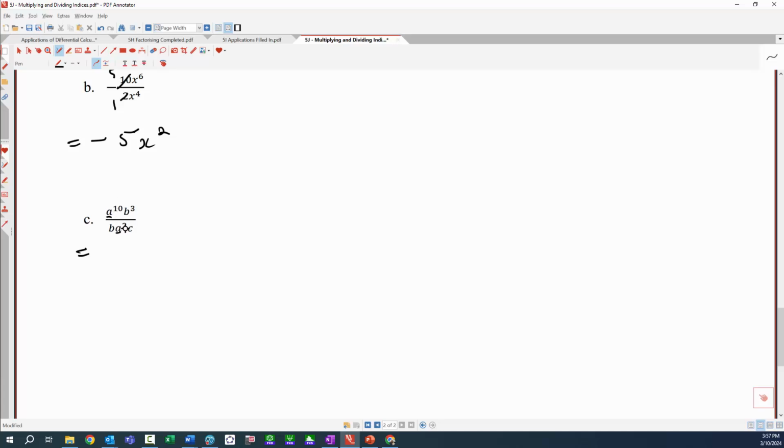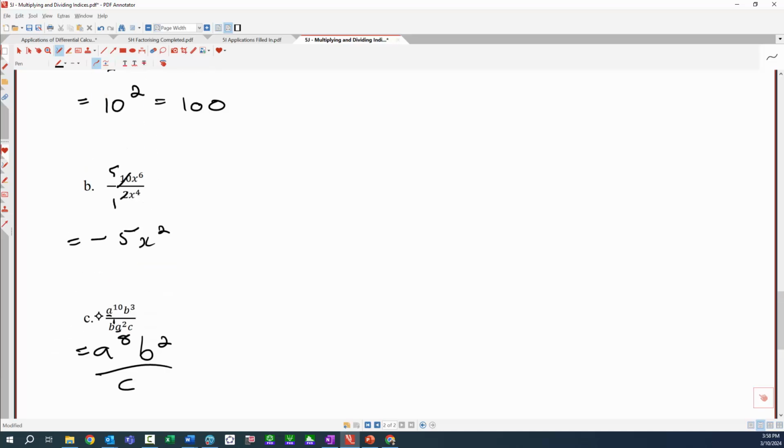So I'm going to go 10 take away 2 is 8. So that simplifies to a to the 8. I've got b to the 3 and this b to the 1 here. So I'll write down the base and then subtract the indices. So 3 take away 1 is 2. Now, this c here has got nothing to do with anything at the top, so we just leave it at the bottom. So our answer there is a to the 8, b to the 2 over c.